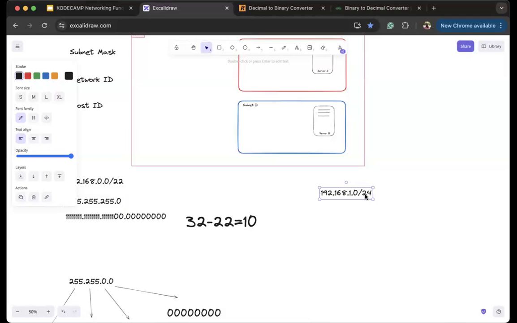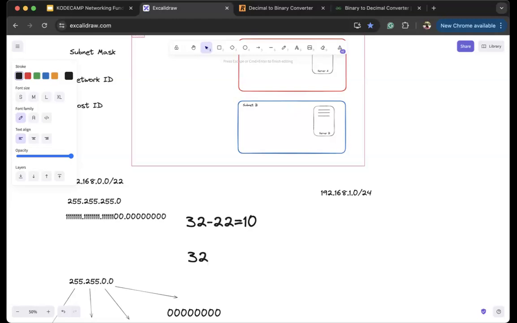You know that your IP is a 32-bit numerical value. 32 bits in the sense that it has 32 characters when it's written in binary. If you count this, it's 32 characters that are available to you. 4 octets: octet 1, octet 2, octet 3, octet 4. 4 octets giving you your 32 bits. Yeah, 4 times 8 gives you your 32 bits.